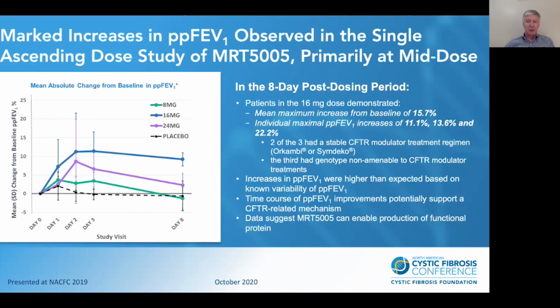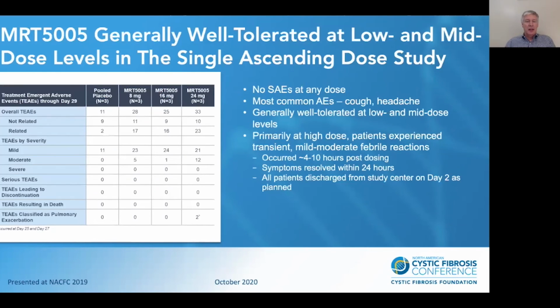Of course, tolerability is a key component of this study, and at the mid and low doses, MRT 5005 was generally well tolerated. There were no serious adverse events at any of the dose levels. And in terms of adverse events, the most common were cough and headaches.